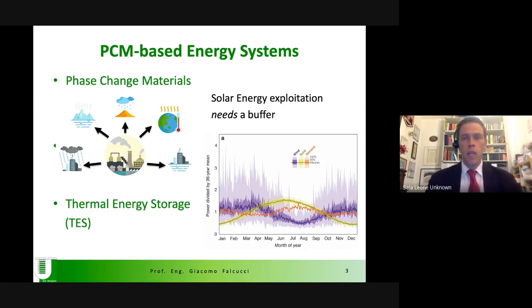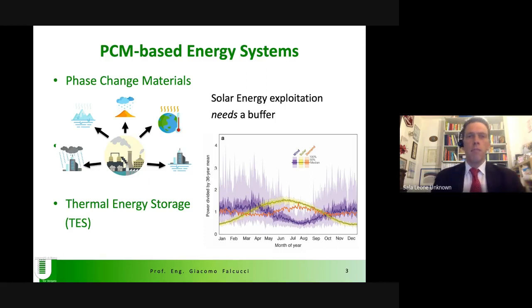That is, when you have a high energy demand, that is in the morning and during the evening, sun is not available, of course, or it is available with a very low energy capability, and wind is even more volatile in all senses. So we need a buffer to conjugate the availability of sun power and the energy demand.